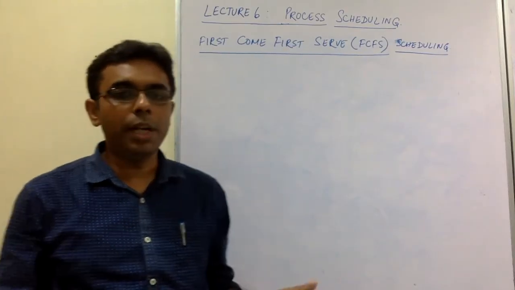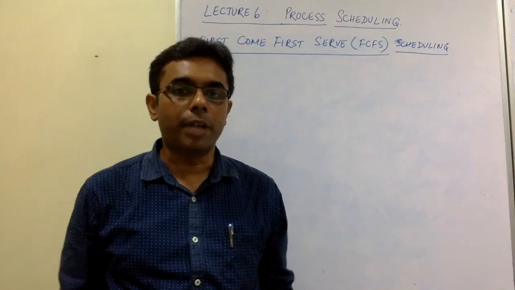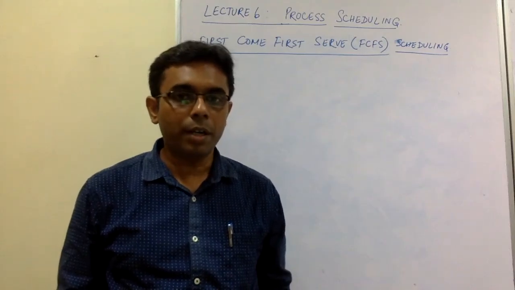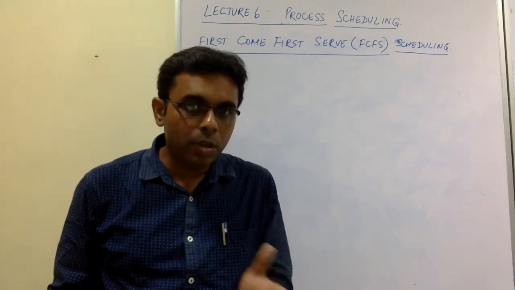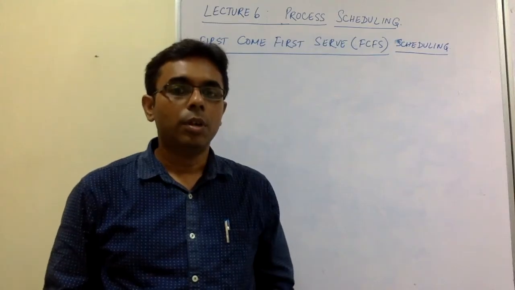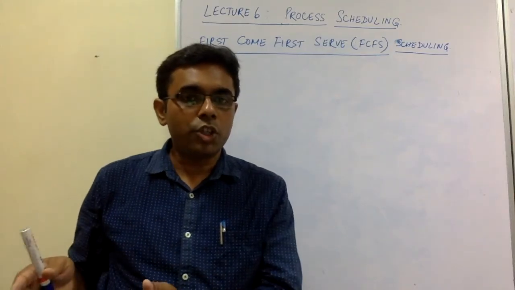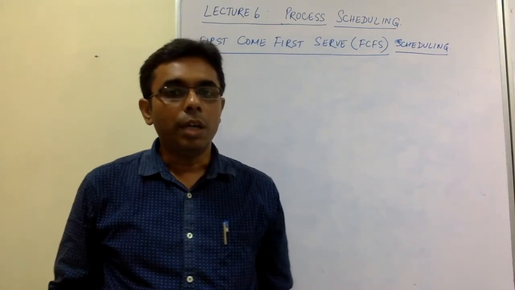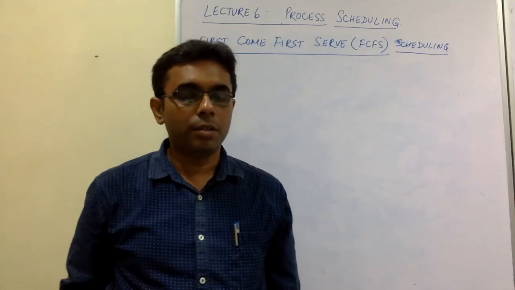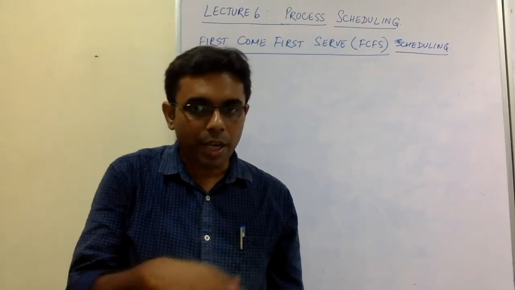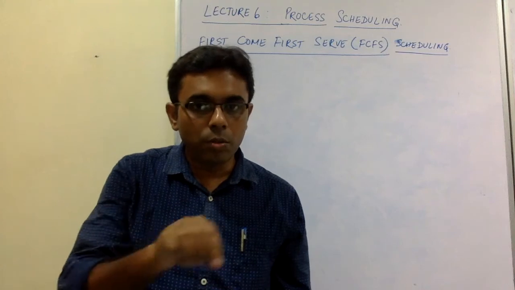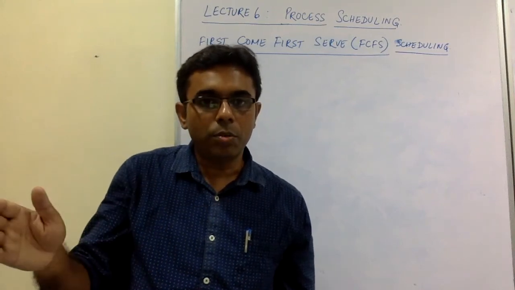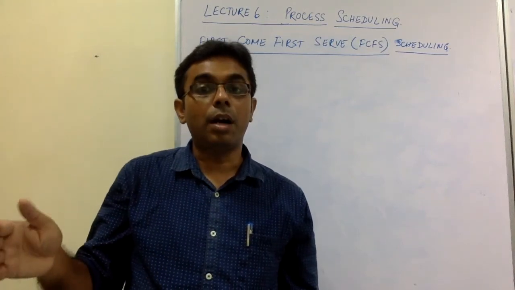So it's absolutely dependent on the arrival time. Whoever came earlier, you put them in that order in the ready queue. So the one at the head of the queue is the process that came the earliest, as processes come and are pushed into the queue.